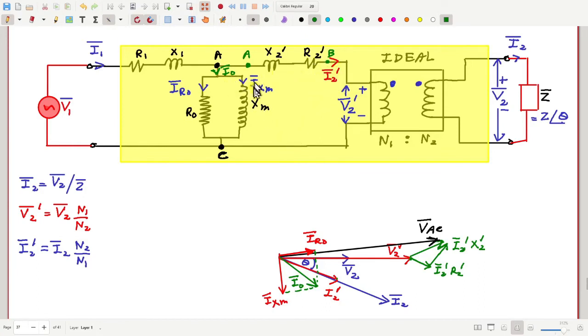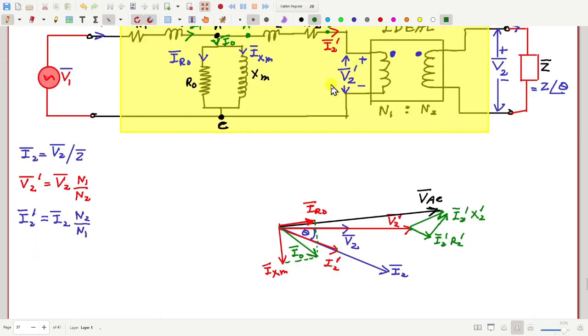If I know these two, what can I get? I can get this current, I1. I1 is the sum of these two, I0 and I2 prime. Although I have drawn I0 quite large, actually it will be a very small quantity compared to I2 prime. Here I have drawn it quite large, but still let me add these two.